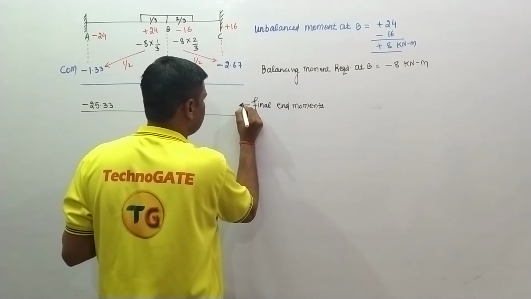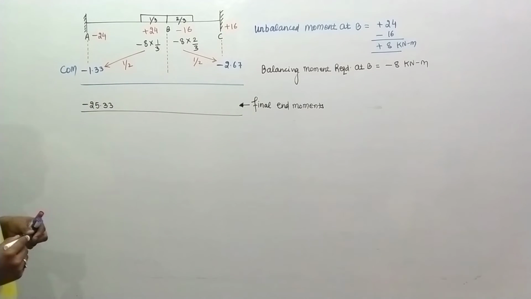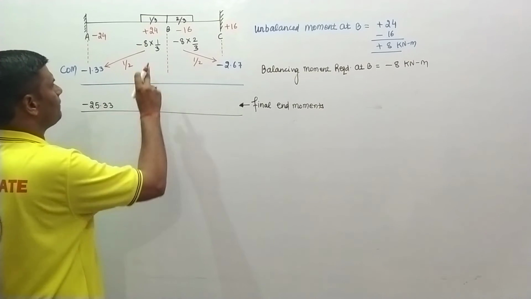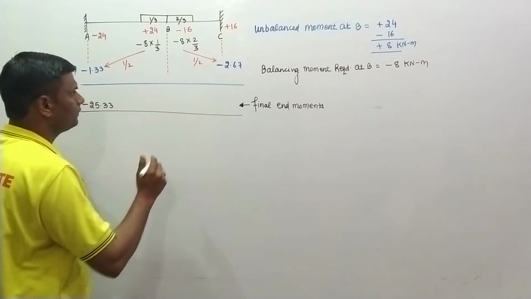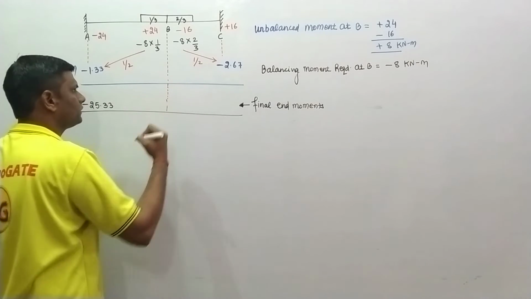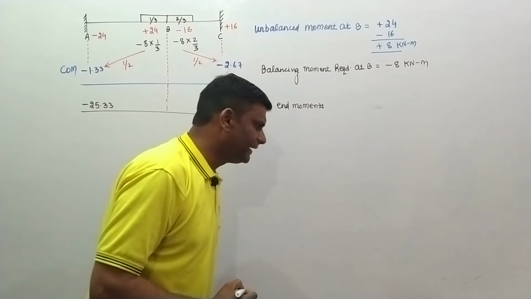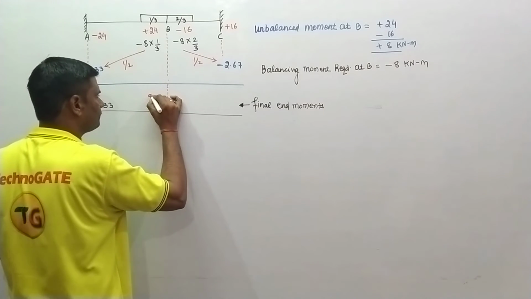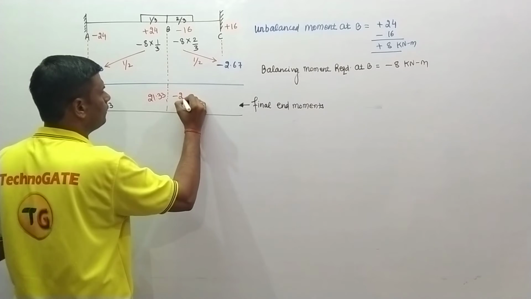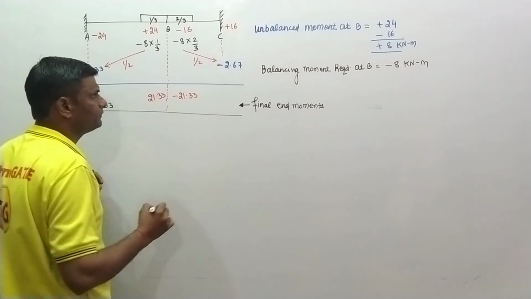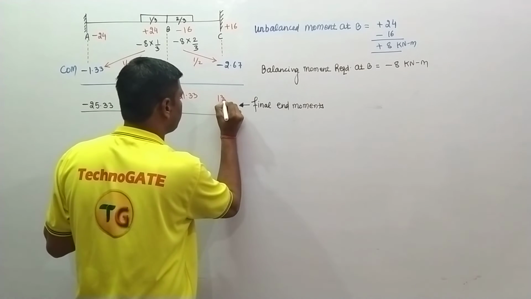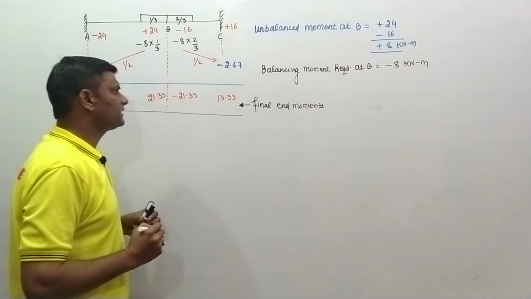Plus 24 minus 2.63, the value is equal to 21.33, and this value is equal to minus 21.33. This value is equal to 13.33. These are the final end moments.